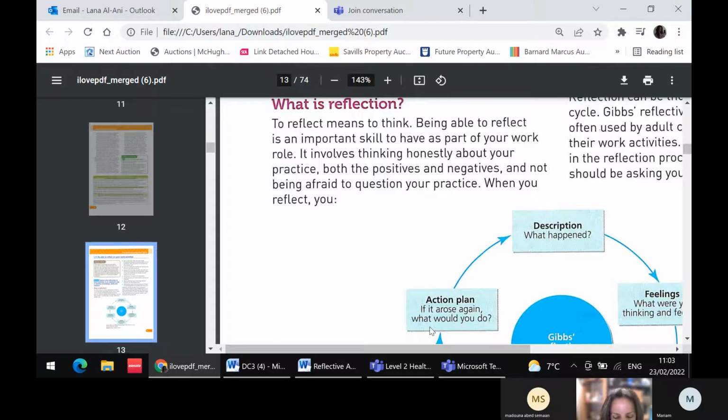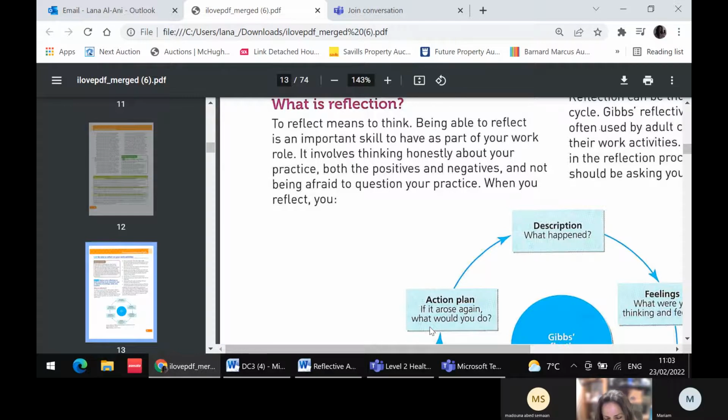So to reflect means to think, and being able to reflect is very important because your skills and your thinking will be developed, because you're always honest with yourself. Like if you tell the same thing to another colleague, you might not tell him or her the same way.